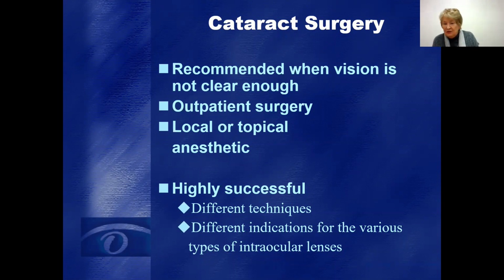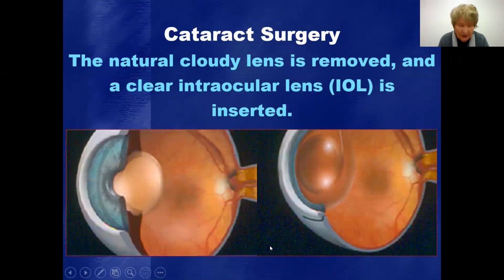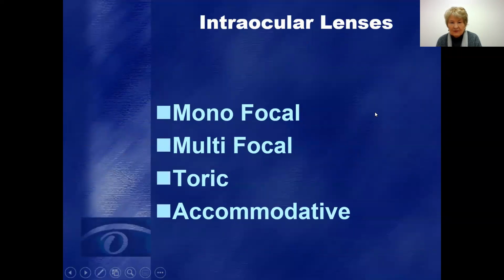Of course, there are different techniques and different indications for the various types now of the intraocular lenses, or the lens implants, that we have to offer to the patients. As we said before, that cloudy lens is removed, and a clear intraocular lens is placed right in the eye in the same place where the natural lens of the eye was. So here are some types of lens implants that are now available to patients.